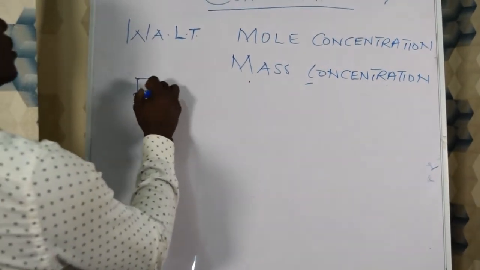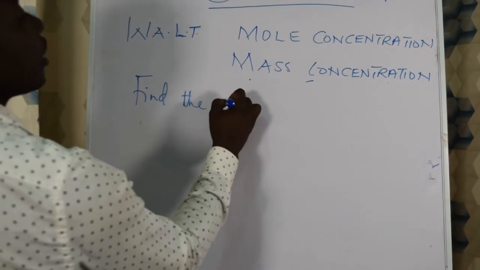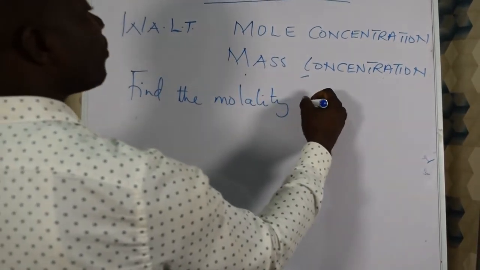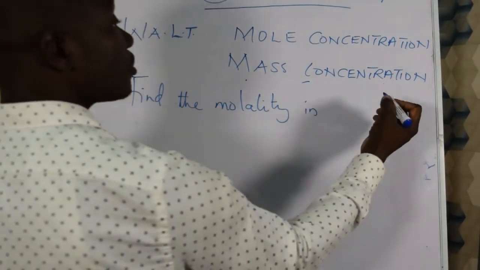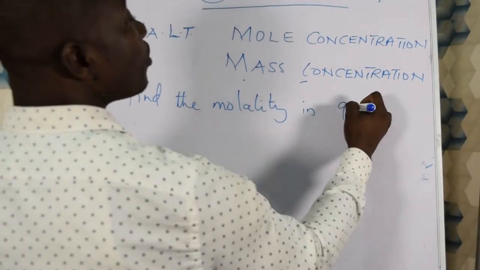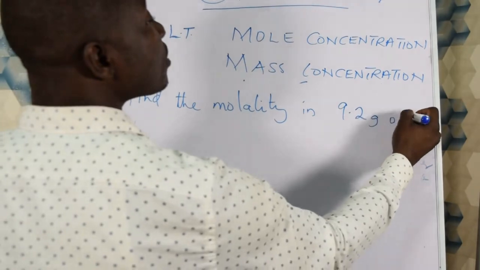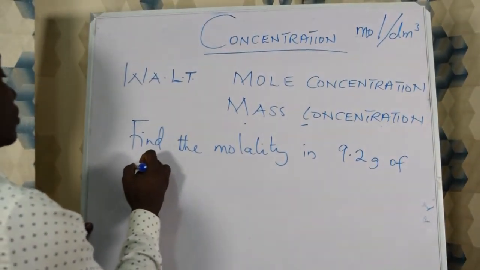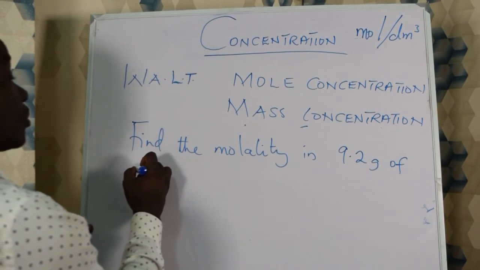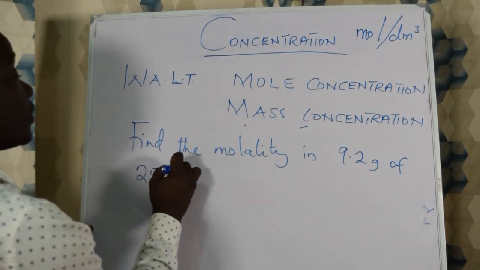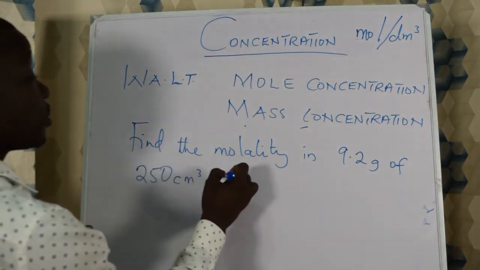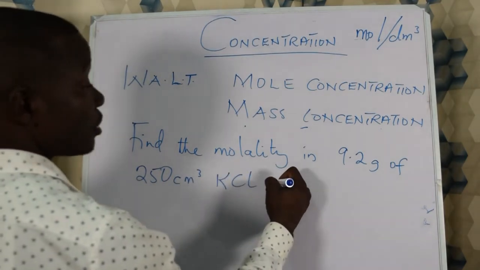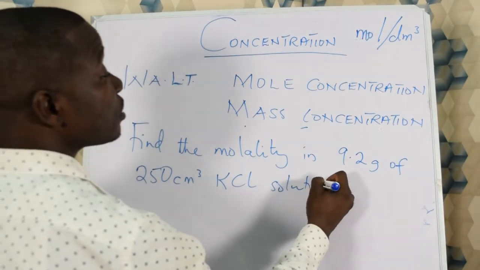Find the molality in 9.2 grams of 250 centimeter cube potassium chloride solution.